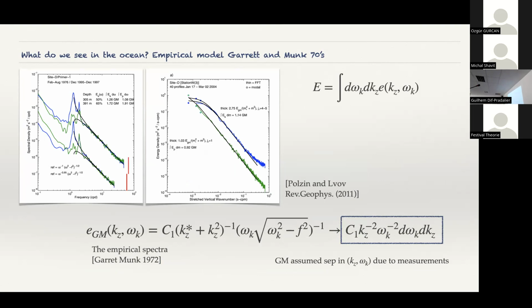So this is Garrett Munk. This is in the two limits: in the frequency variable, when you take rotation to 0, you're far away from the inertial frequency, and in the vertical variable, you're on length scales which are small compared to the depth of the ocean.